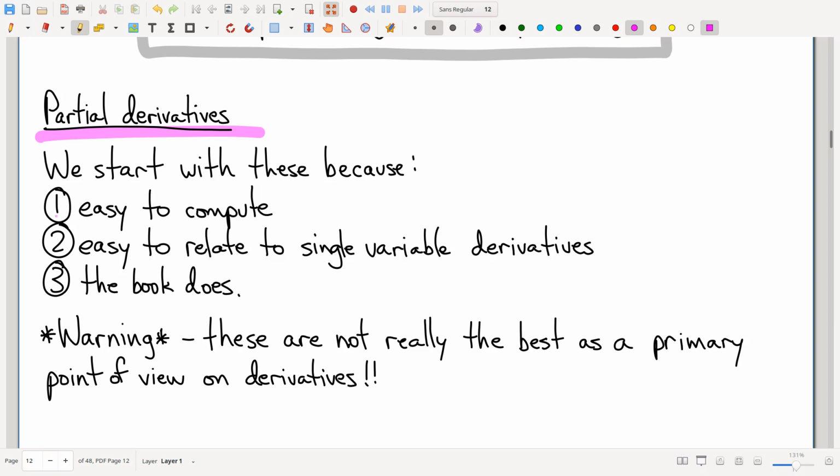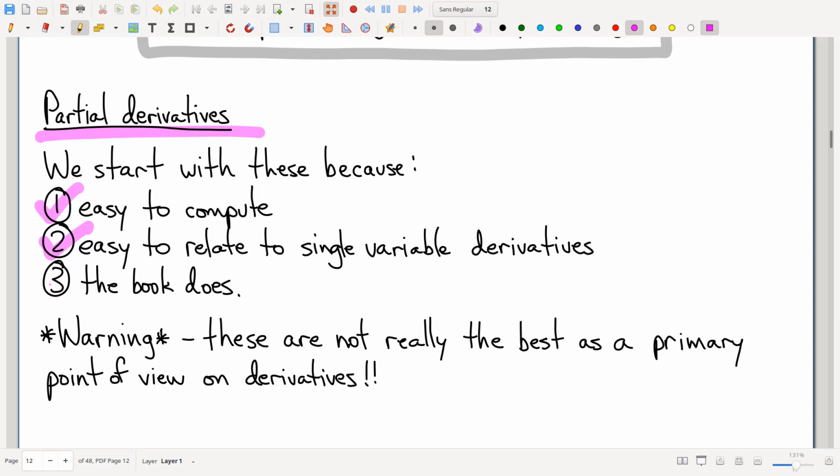There are several good reasons. They are easy to compute, and that's awesome, and that is comforting and satisfying. They're also really easy to relate to single variable calculus. And again, there's that familiarity and satisfaction and the safety of the familiar. And that's nice. There's no doubt that's nice.